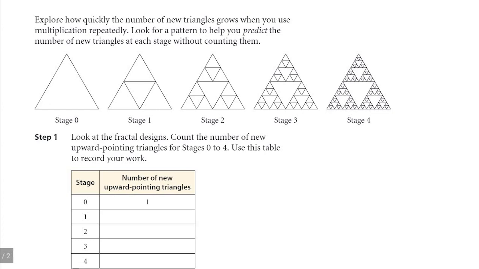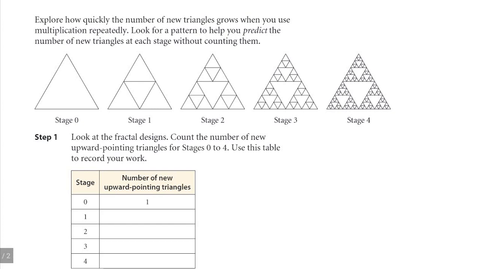We're going to use what we know about exponents to help us come up with a pattern so that we can predict the number of new triangles at any stage without actually having to count them. So step one, we're going to fill out this table down here.